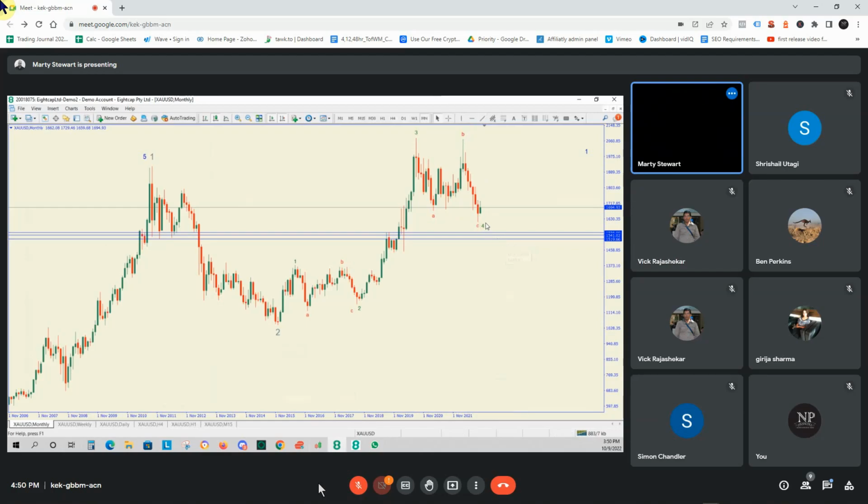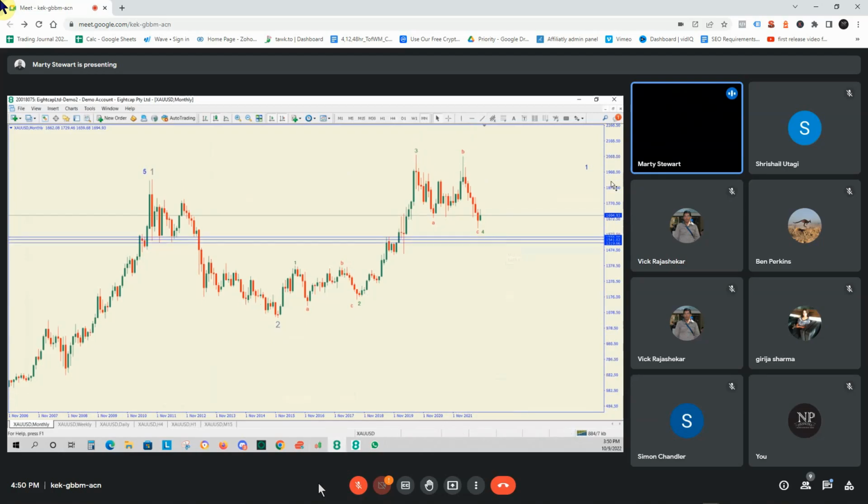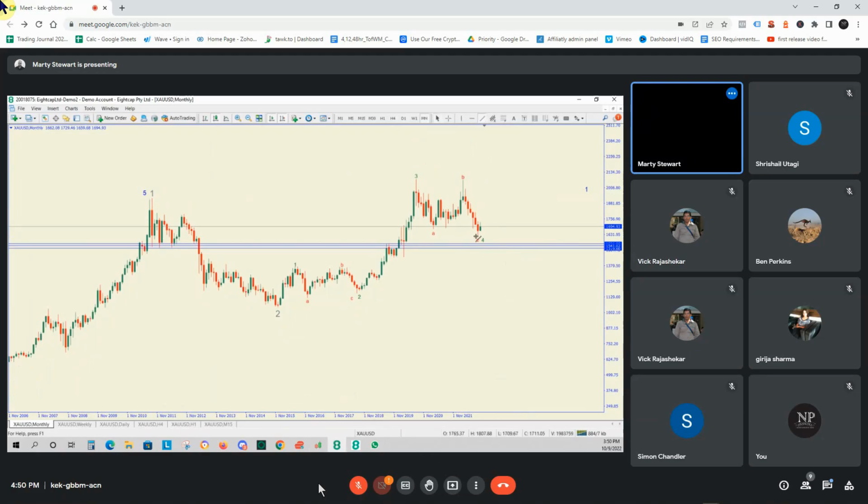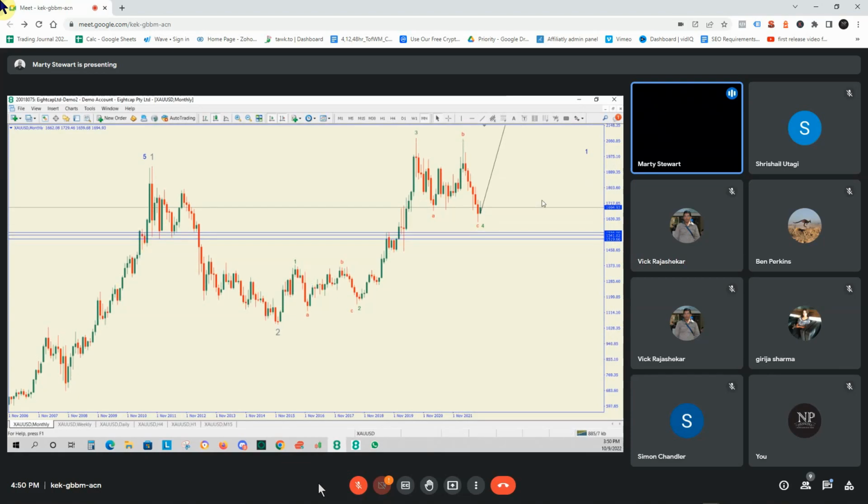Okay, so we're in a major wave 3, possibly in another 3. So a wave 3 of a 3 can mean gold can push upwards very strongly for quite a long time. So if you want to get into your economics and such, this could be something you might like to look into.